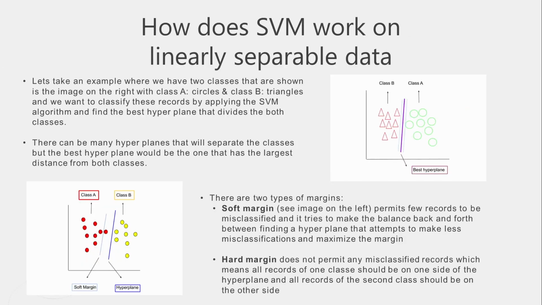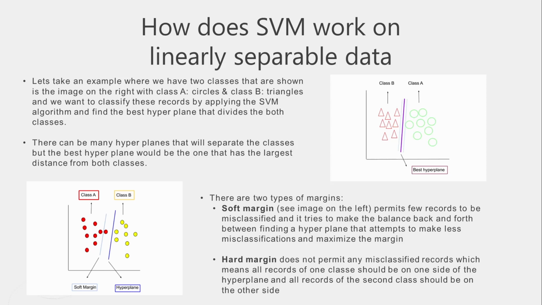So let's see how SVM works with linearly separable data. Let's take as an example two classes shown in the image on the right, with class A as circles and class B as triangles. We want to classify those records by applying the SVM algorithm and find the best hyperplane that divides both classes.